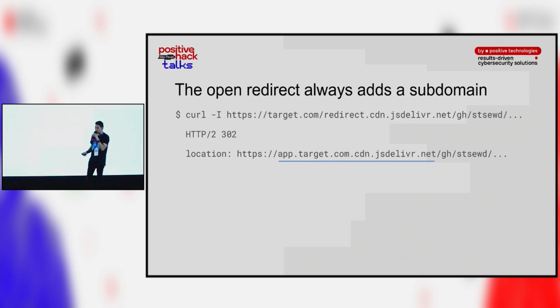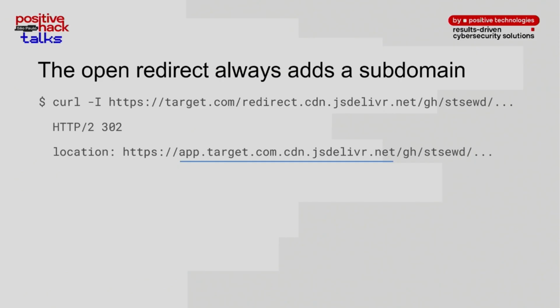So if I wanted to redirect to cdn.jsdelivr.net, I would actually get redirected to app.target.example.com.jsdelivr.net. And that's a problem, because I don't have control over the subdomains of the CDN, and most importantly, that subdomain is not in the list of allowed resources, because when there is a redirect, we can change anything we want in the path, but the domain must be in the policy somewhere, and that domain is not.